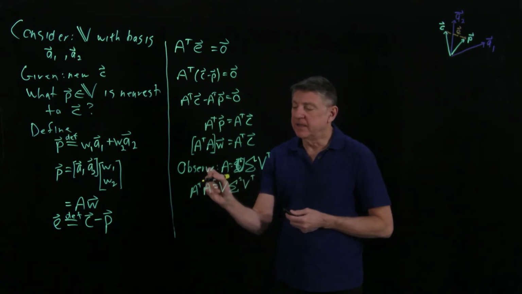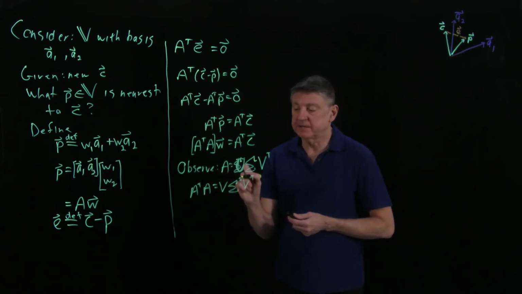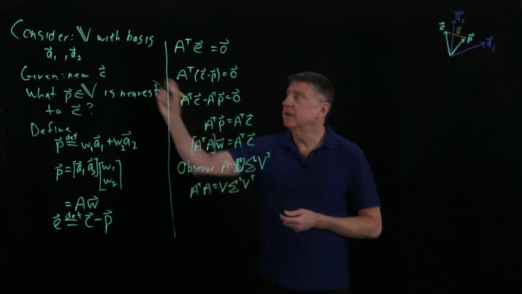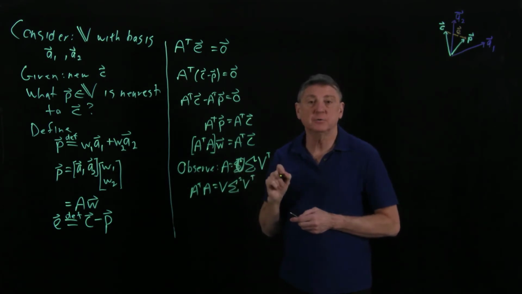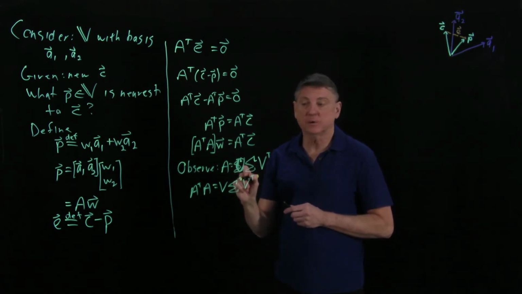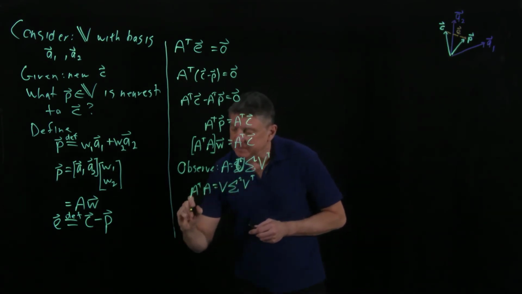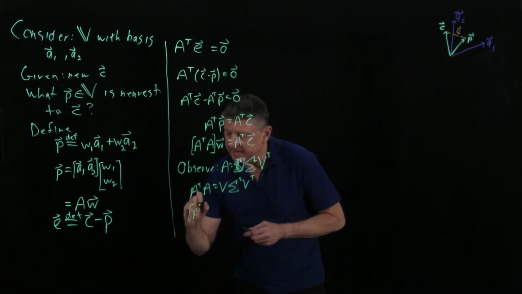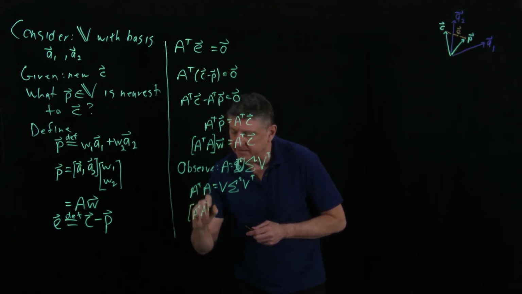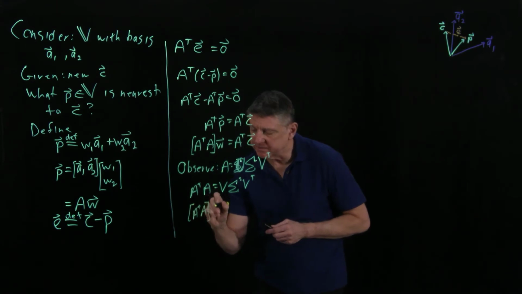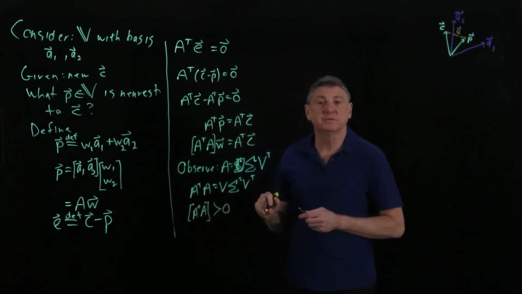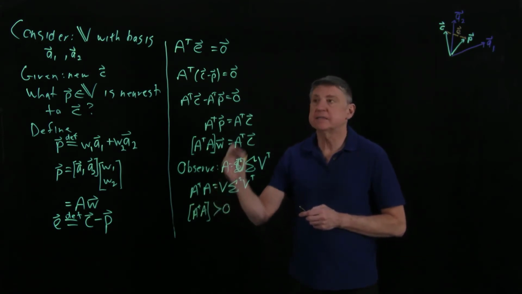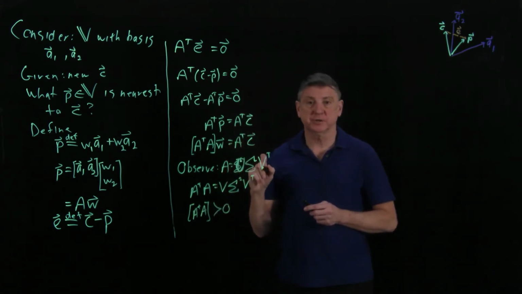And this is a symmetric matrix by construction. This is its spectral decomposition. Because these vectors are linearly independent, these singular values will both be strictly greater than 0. So that means that the matrix A transpose A is symmetric, and then we use this symbol to indicate that it's positive definite. So that implies that there's an explicit solution.